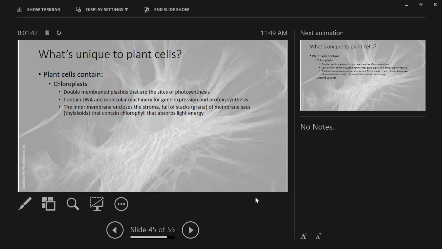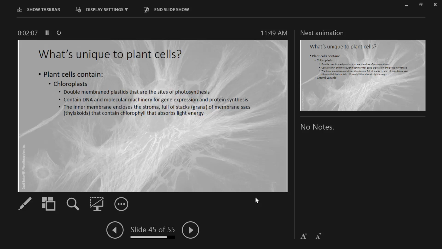Again, a lot of similarities between chloroplasts and mitochondria. Like the mitochondria, there's a space inside of the inner membrane. We call that the matrix in mitochondria. Do you remember that term? I talked about it on Friday. Inside of chloroplasts, we call that the stroma, this liquid inside of there.